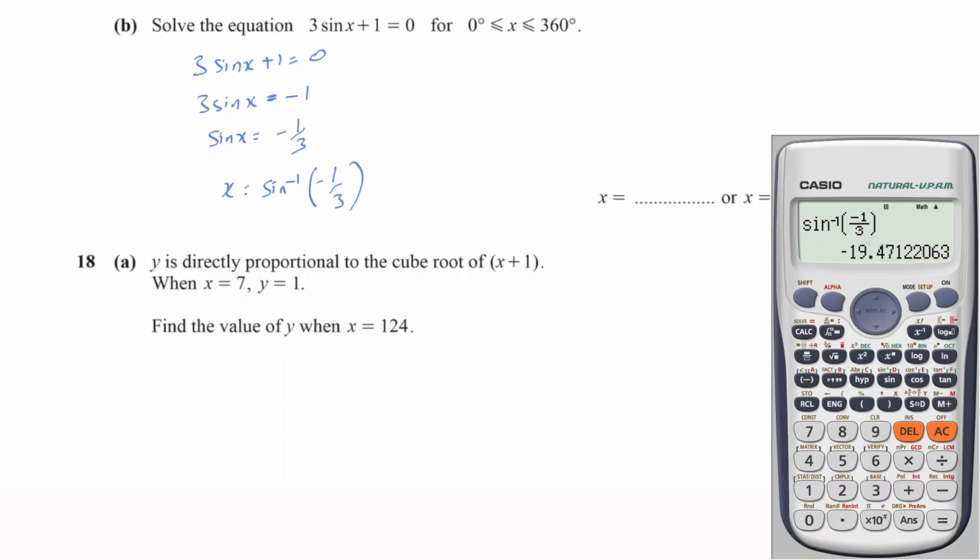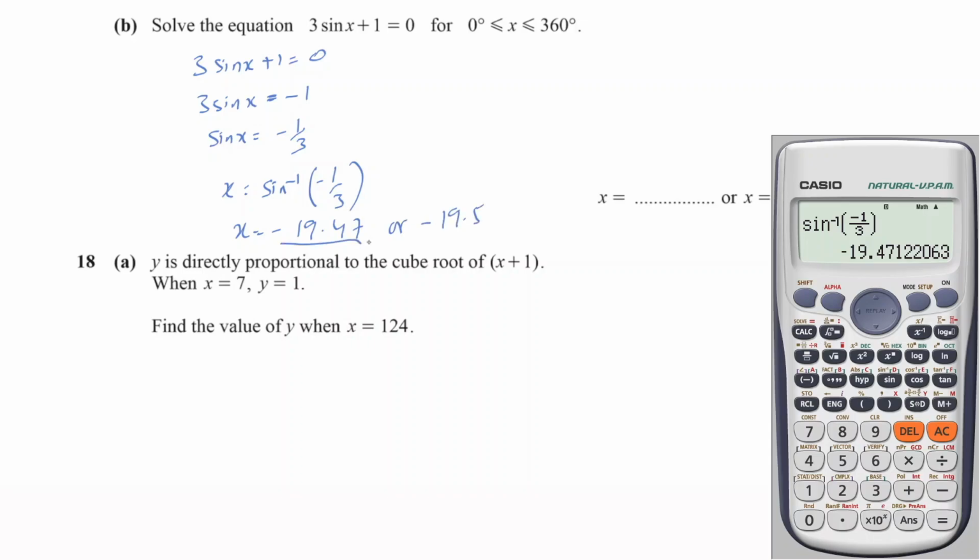Minus 19.47, or you can even write it as minus 19.5. That's fine, not an issue. So x equals minus 19.47, or if you want to round it off, we can write it as minus 19.5.